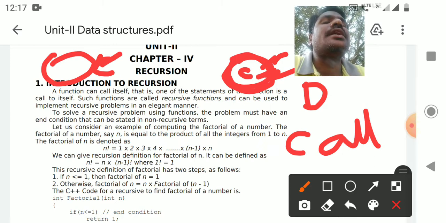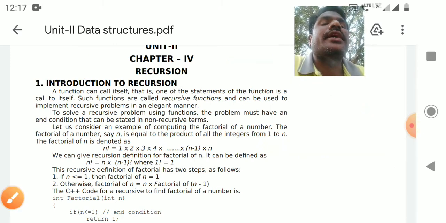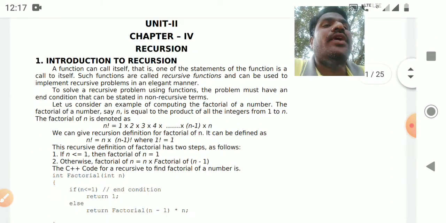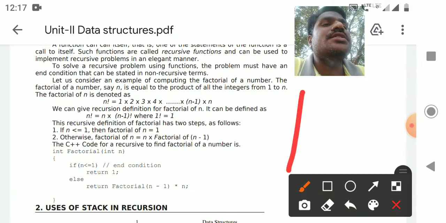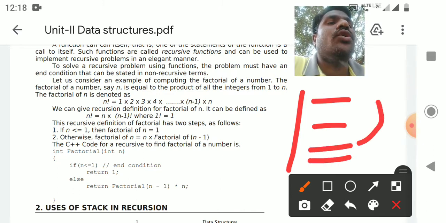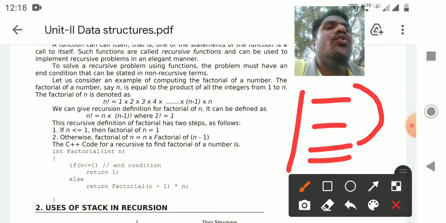Simply, a recursive function is a function where one of the statements of the function calls the function itself. Such functions are called recursive functions.